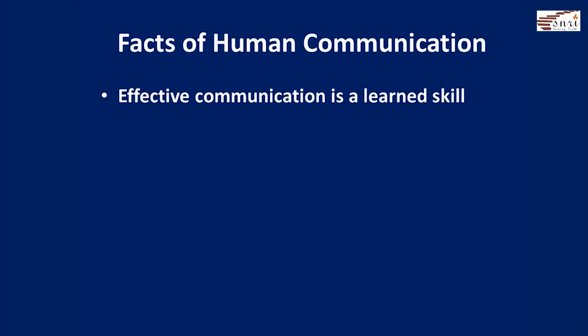But even those who are introvert can overcome their condition by various methods and learn skills of communication, and thus they can become effective communicators. So we see that effective communication is something that can be learned. We can pick it up along the way and thus we can become effective communicators.